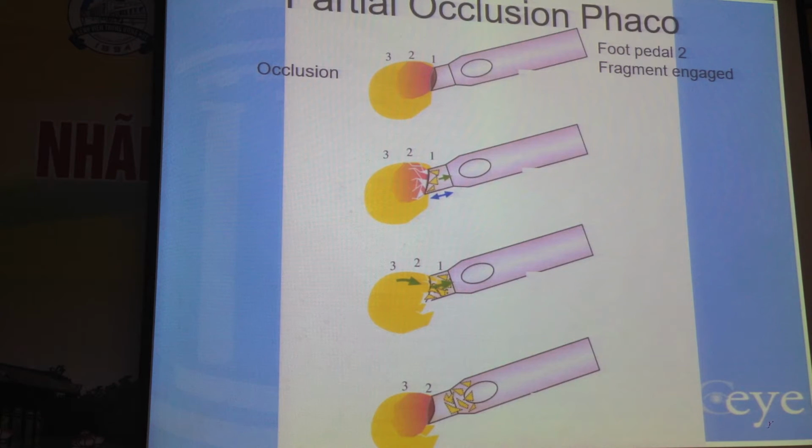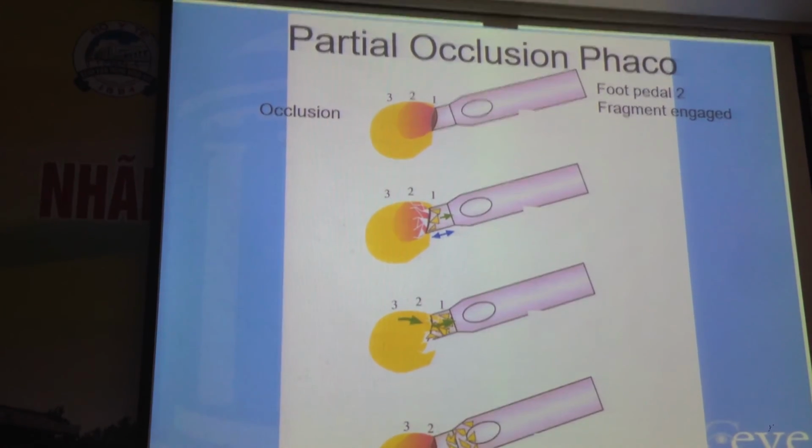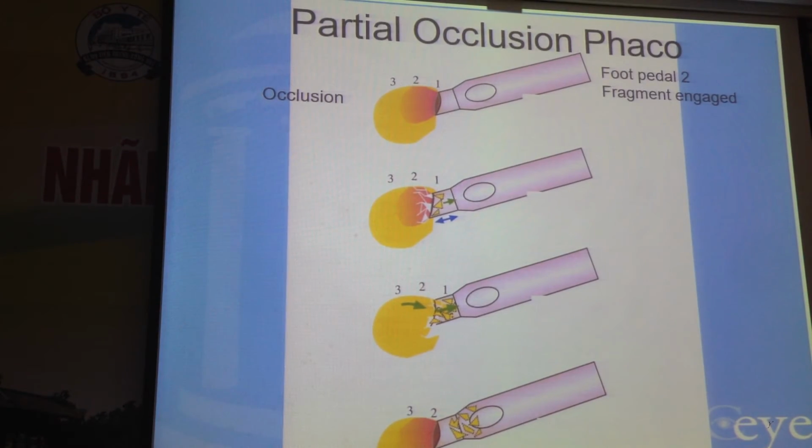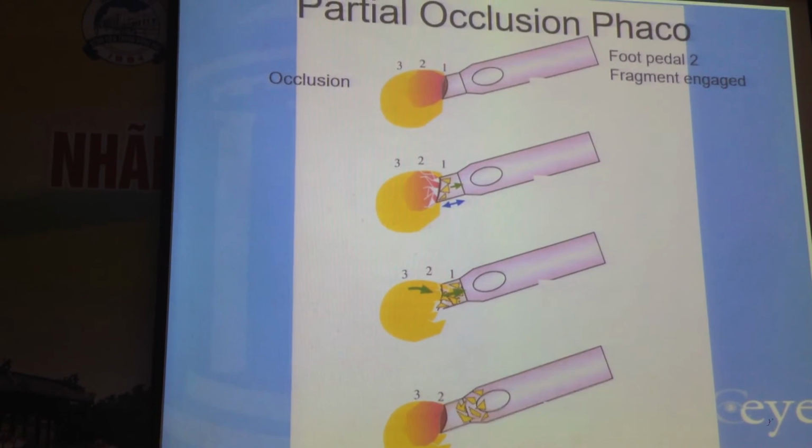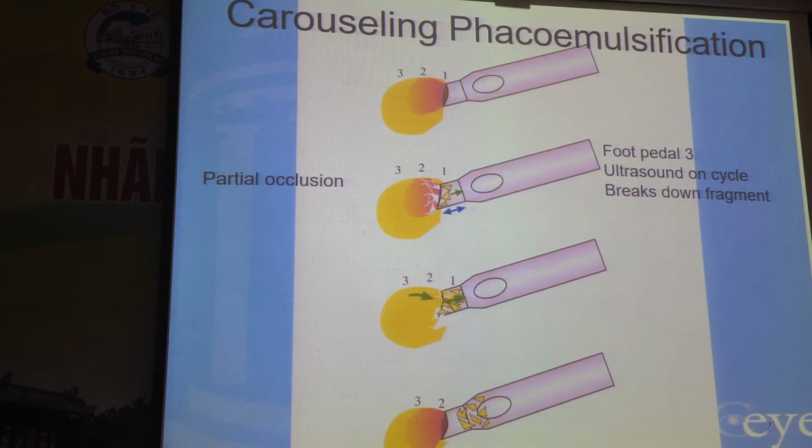What we're really doing to get out nuclear fragments is called partial occlusion phaco, or carouseling phaco, which is what Dr. Seibel calls it in his book. And so this is what you're doing. In foot position 2, in the top image, you've occluded your phaco. Then you go to foot position 3, and you have some phaco power, and now you've fragmented the nuclear piece that was occluding the phaco needle.